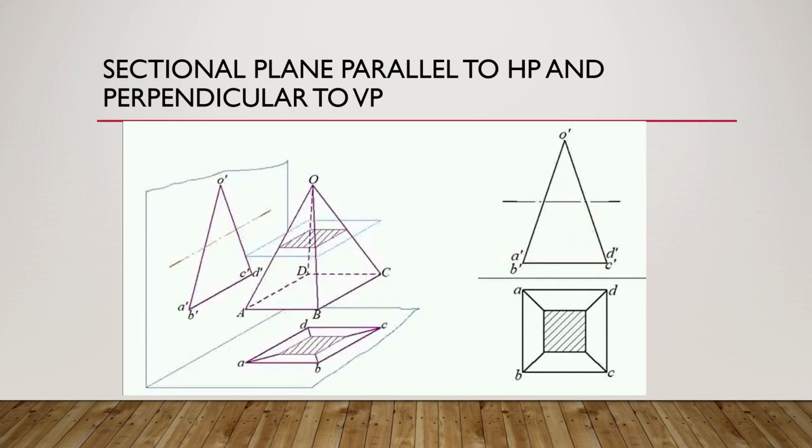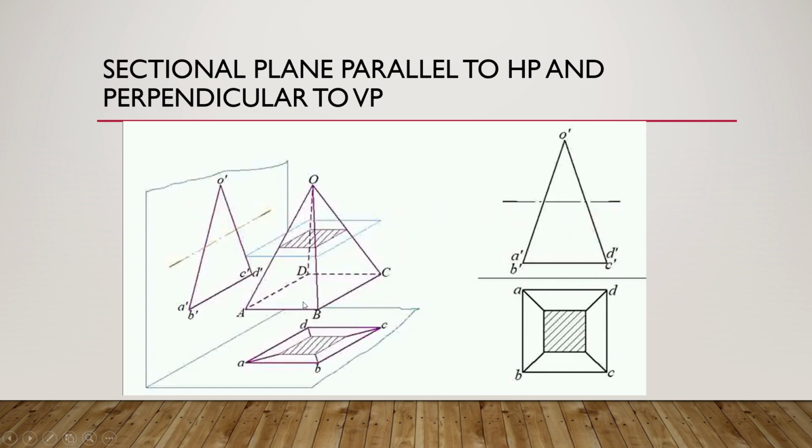Now see this example. When the sectional plane is parallel to the horizontal plane and perpendicular to the vertical plane, the sectional plane is cutting a square pyramid and is parallel to the base.